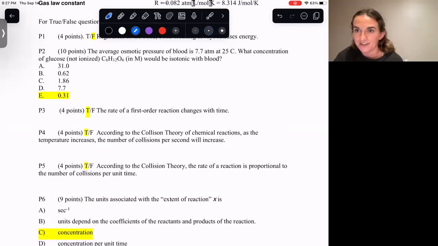Anything else? Okay, well, if there's nothing else, good luck tomorrow. I will be there with your exams, hopefully around 12:20. If you were at my review session yesterday, I do have group meeting in the morning, so I can respond to emails probably after 10:30, maybe 11, depending on how long we go.